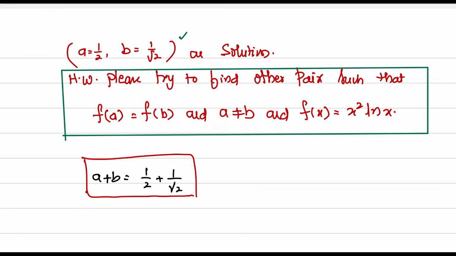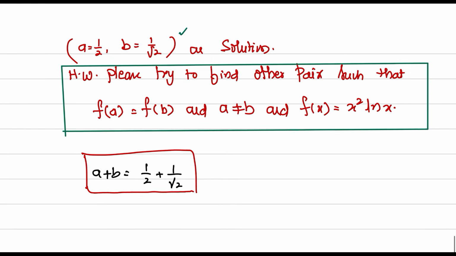Now, you can do the same thing using another method. The second method, I am not going to do fully. Let a by b be equal to some k.